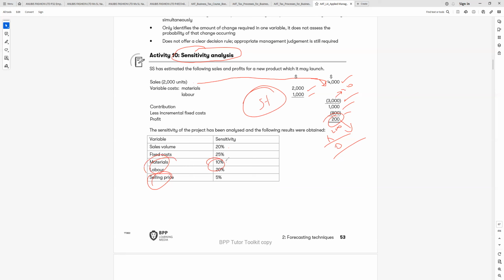If the material cost increased by 10%, now the material cost is 2,000. If it's increased by 10%, it will be 2,200. That means you will make a loss, no more profit. So these two, 5% and 10%, are the more sensitive, because little changes will take your company from profit to loss. So that's how we look at how sensitive this information is in order to take a decision.